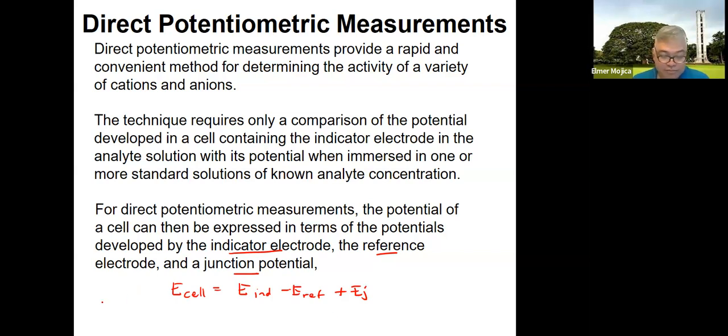And if you have X^n+, or any cation n+, the response that you have would be Nernstian. So the indicator potential is L minus 0.0592 divided by n times pX.